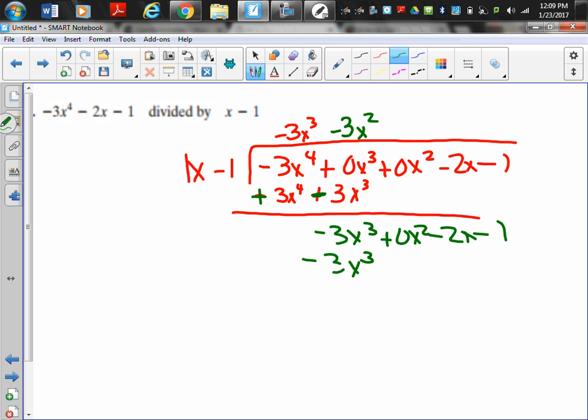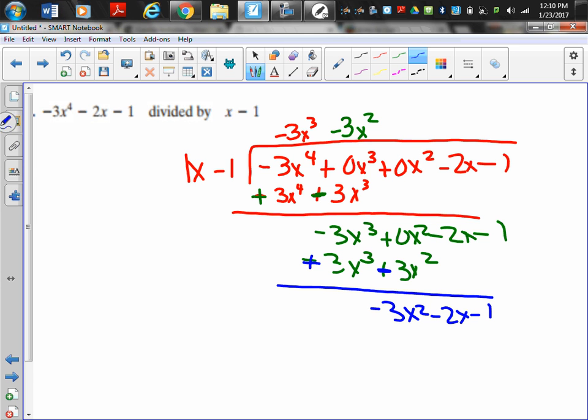Negative 3 times negative 1 is 3x squared. So you change it. This becomes a positive. This becomes a negative. Now, 0 minus 3x squared, negative 3x squared minus 2x minus 1.